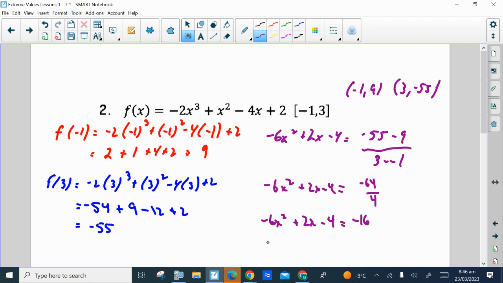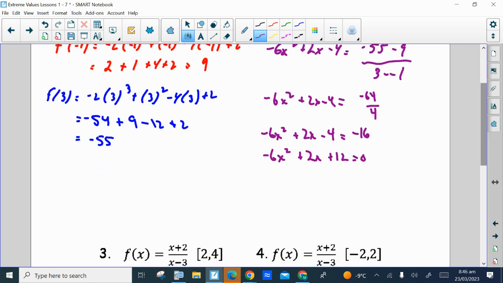So if you add the 16 to both sides, and then we need to solve this quadratic. Now there is a common factor we could take out of negative 2. But that quadratic that we're left with is not factorable.